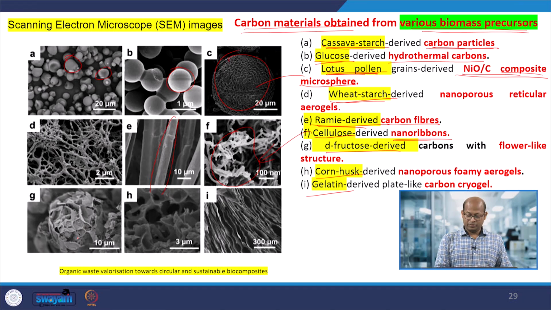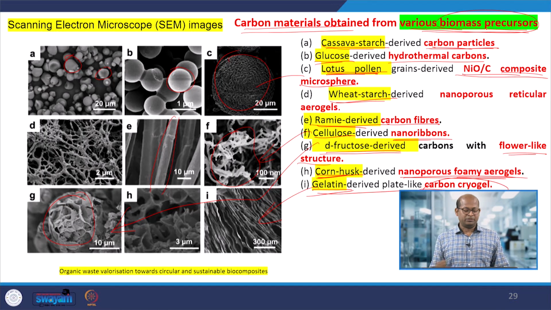Okay, here you can see flower-like structures; these carbon nanomaterials were derived from D-fructose used as a precursor. Corn husk was used to prepare nanoporous foamy aerogels, and gelatin was used to form plate-like carbon cryogels. So depending on the different biomass we have used, pores of carbon and different types of structures form.